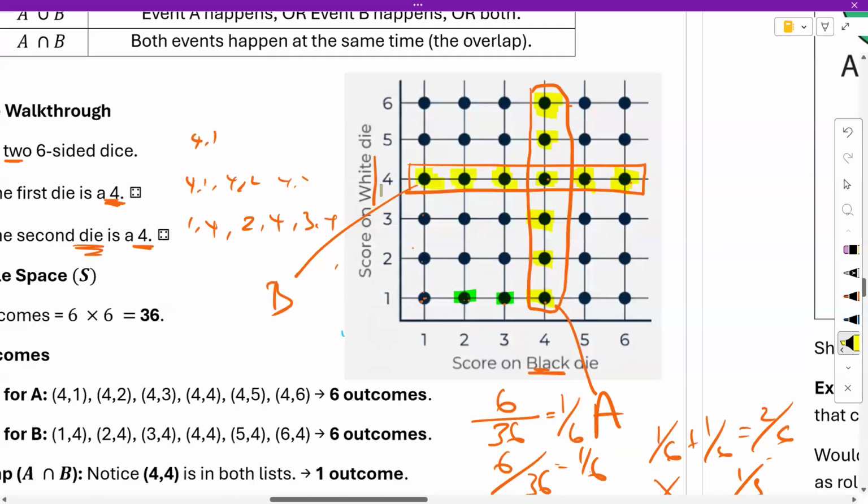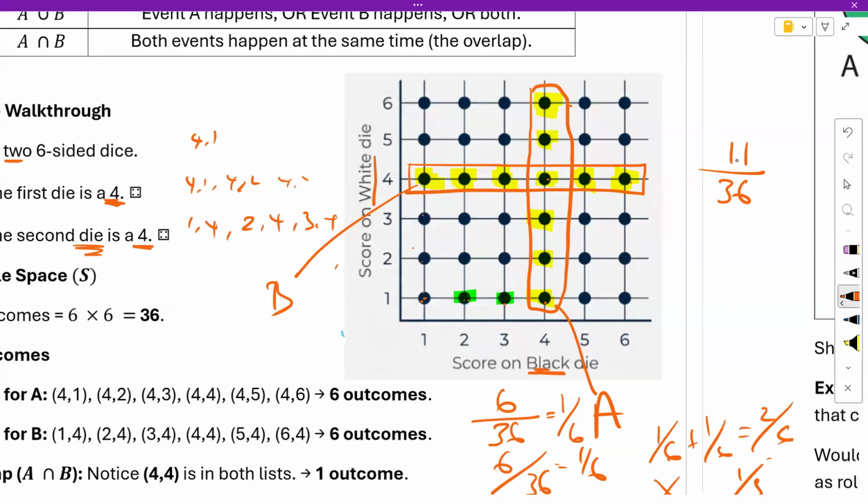How many out of 36 satisfy A or B? Am I right?